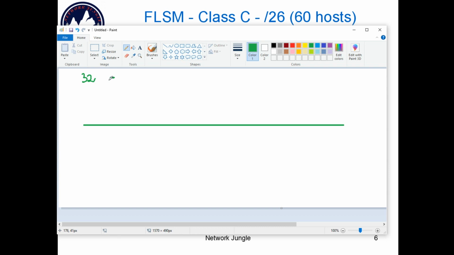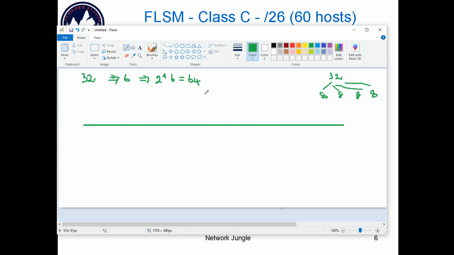Here the host bits are 6, so that is 2 power 6, 64. Each portion contains 8 bits, so 32 bits can be divided into 4 portions: 8 bit, 8 bit, 8 bit, then 8 bit.